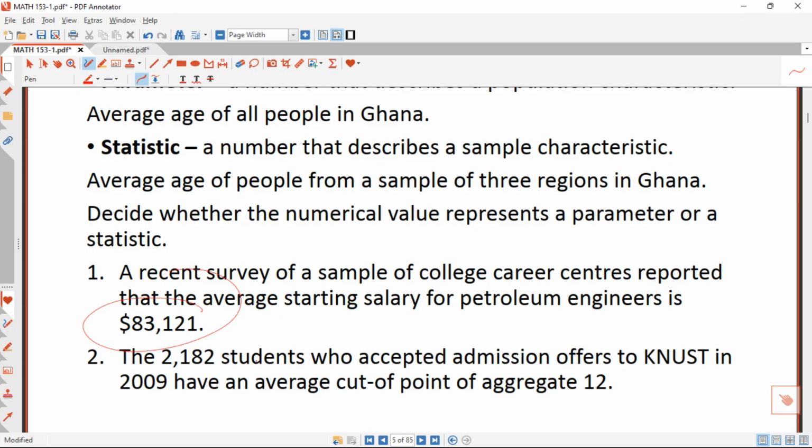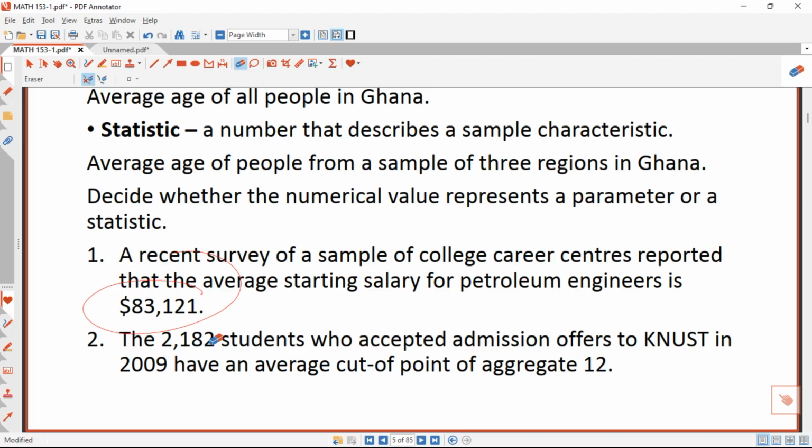And then the second question says the 2,182 students who accepted admission offers to Kenya University in 2009 have an average cutoff point of aggregate 12.